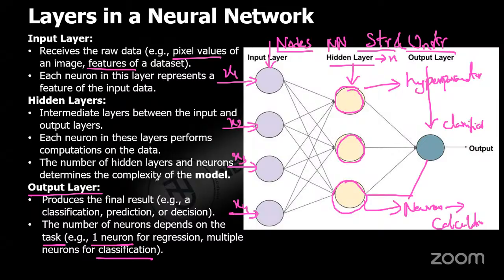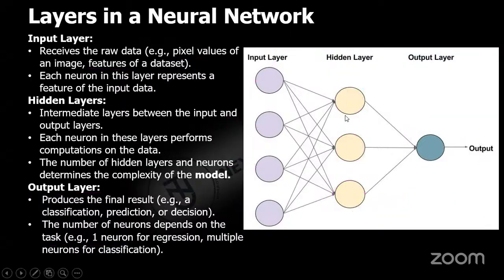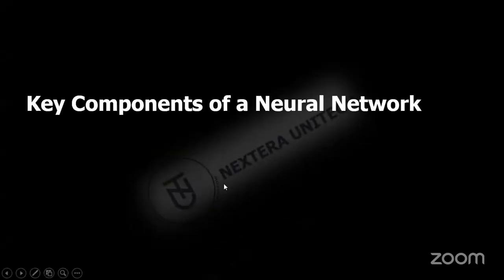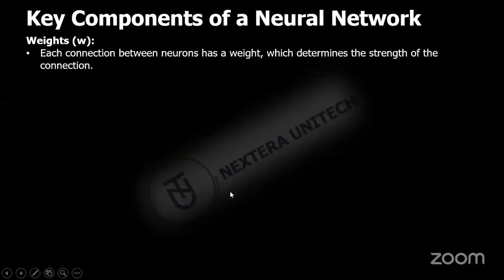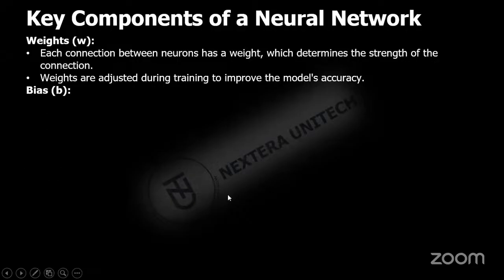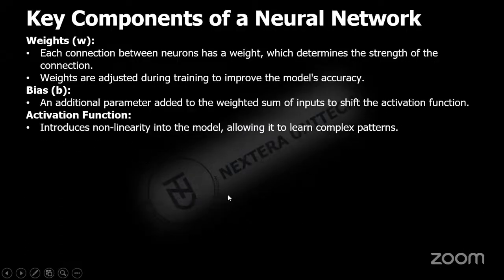So now let us understand what exactly happens, how a neural network gets trained, the working principle of a neural network. Let us focus on it. Before that, we have a few core components of neural networks.